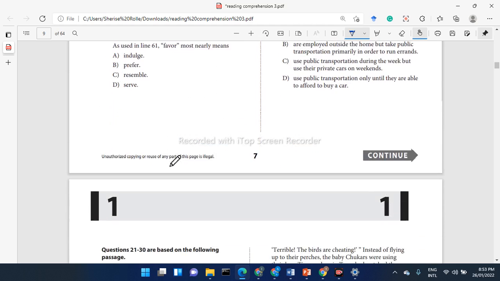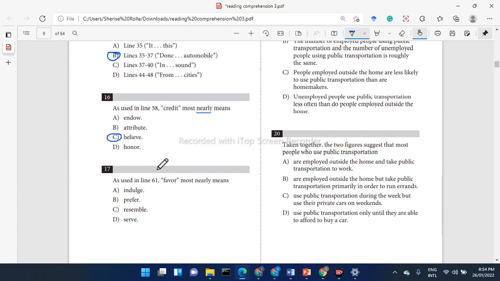All right. As used in line 61, favor most nearly means... B. I think it's B. Yeah, me too.